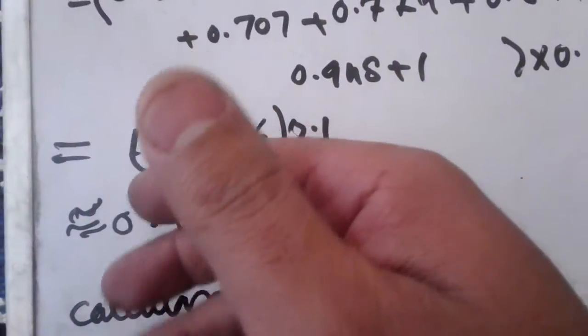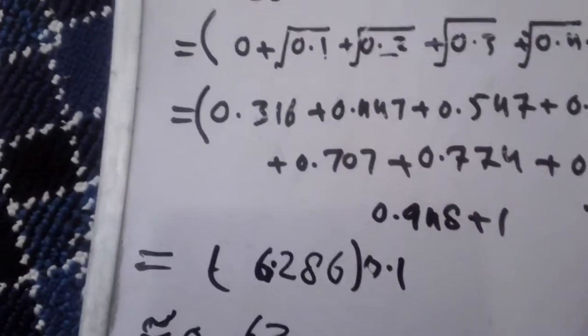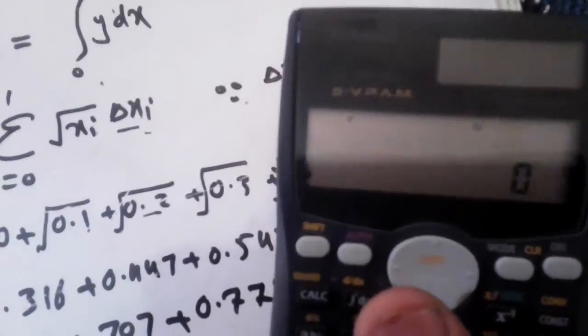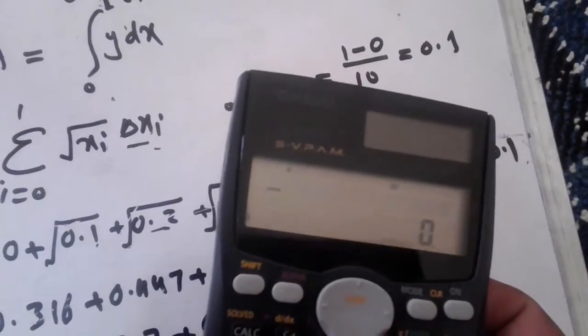So what is interesting about that? The interesting thing about this video is that when we solved this numerical integration by the scientific calculator, I expected that it could solve within a second.